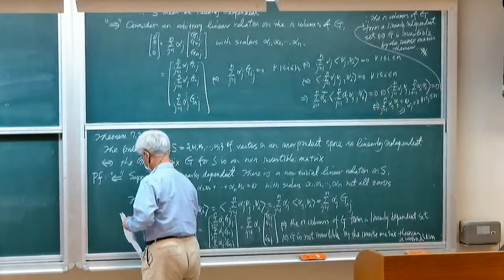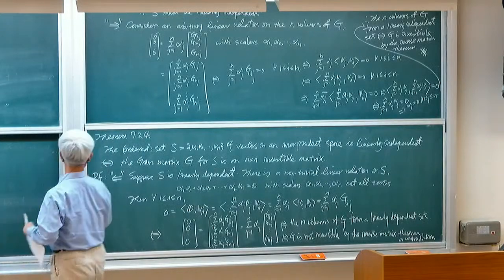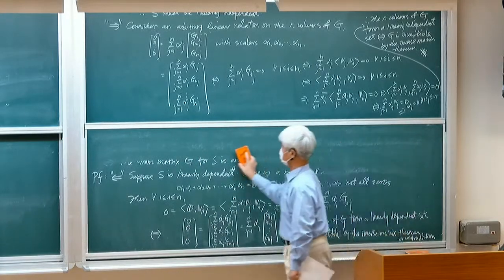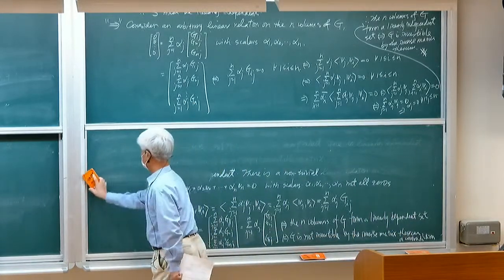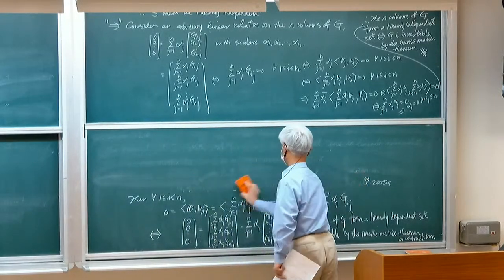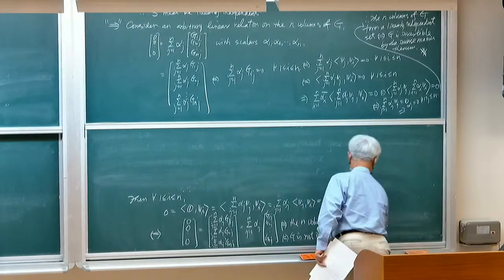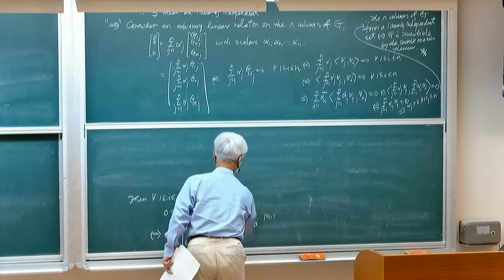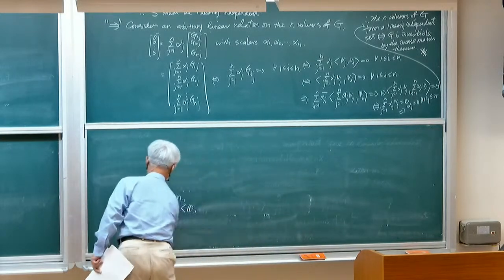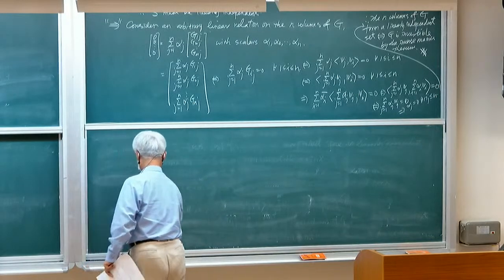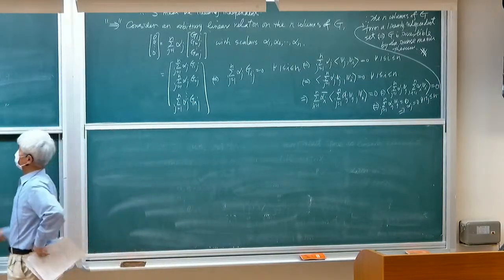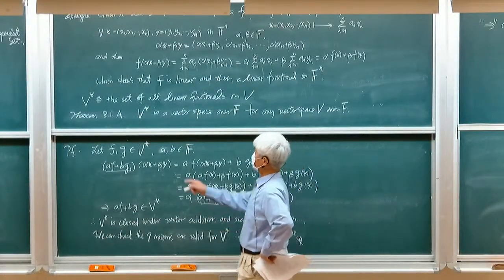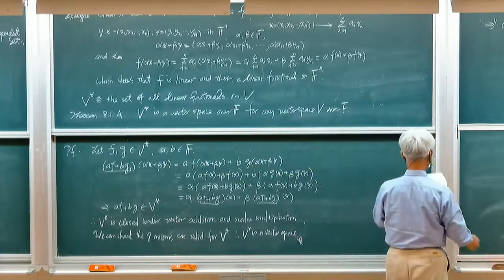So we will give a name for V star. And as we can see, whenever we have a vector space V, then we will have a V star automatically, right?